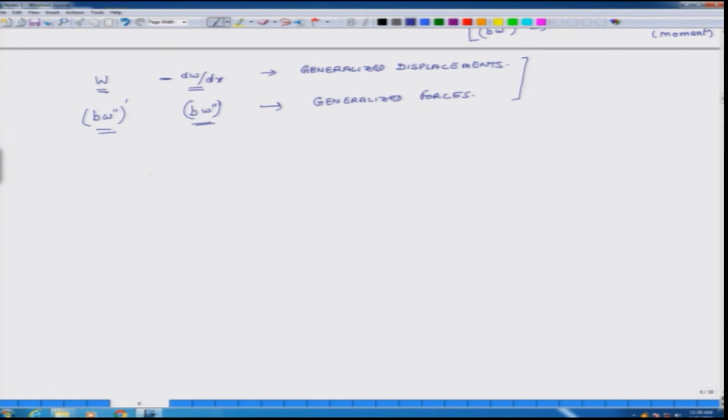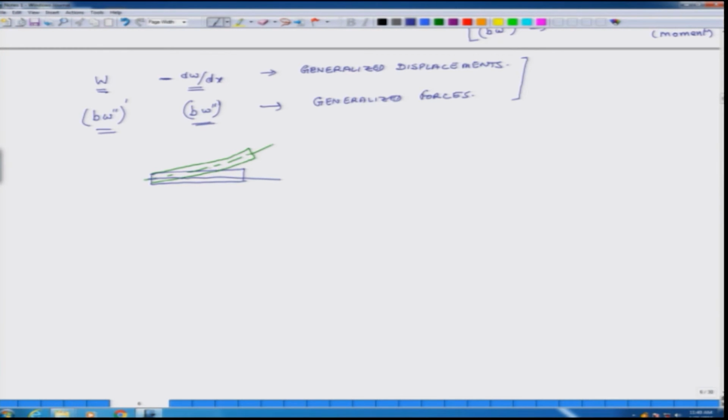So, suppose I have a beam, and then this beam bends. Okay.